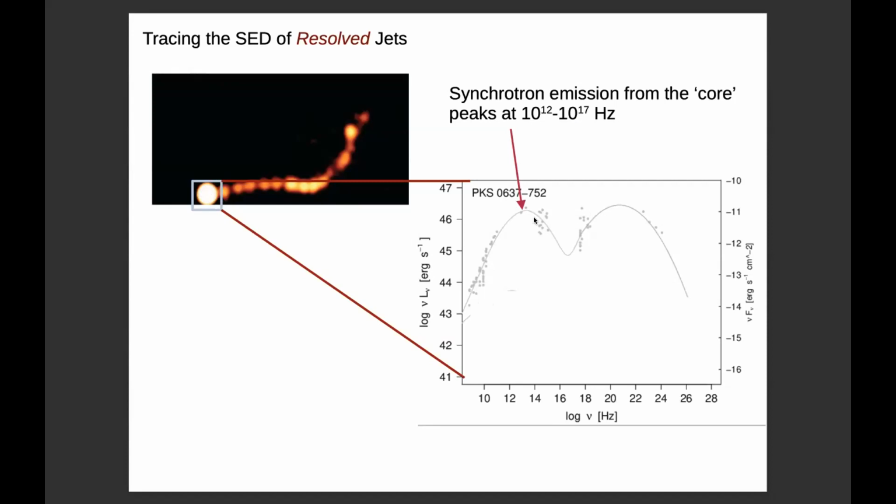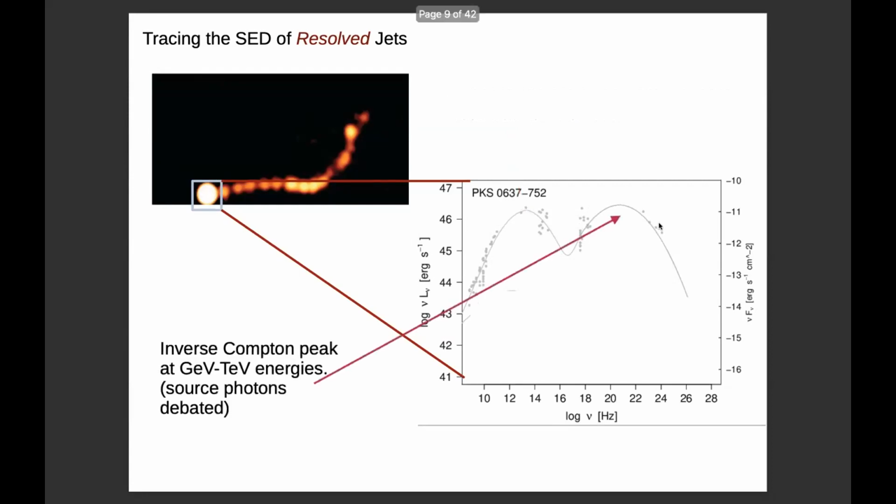So a typical jet core or blazar will give you this spectrum that's shown at right, the classic blazar spectrum of synchrotron emission at lower energies, and then inverse Compton, we think, at higher energies. So why would we be very interested in looking at the emission on kiloparsec scales?